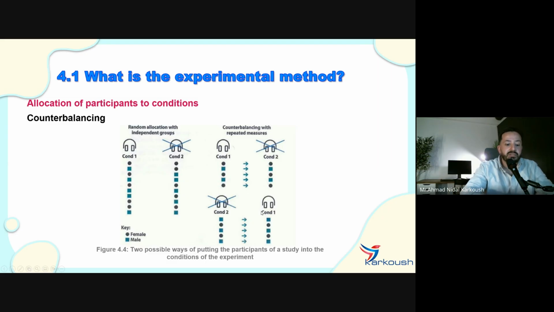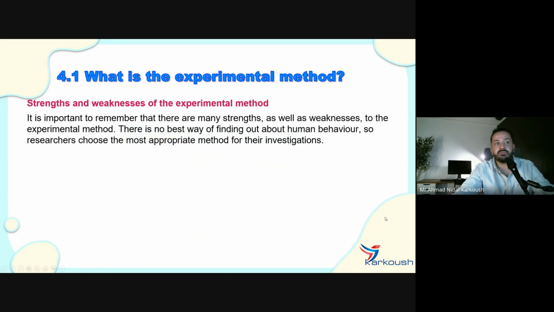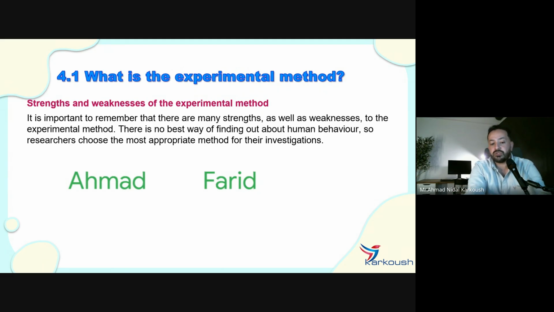To explain it in a simple way, I'm going to use 2 names, okay? Let's say Ahmad and, let's go with Farid, for example, because we have a guy called Farid in the chat. So, Ahmad and Farid. Ahmad has to go through both conditions, condition A and then condition B, okay?